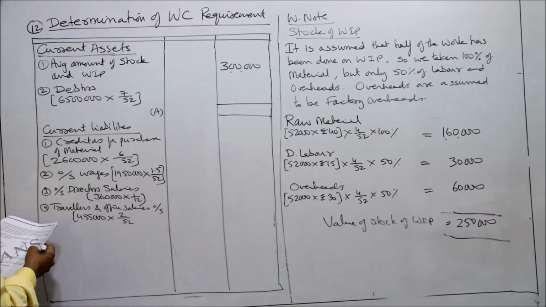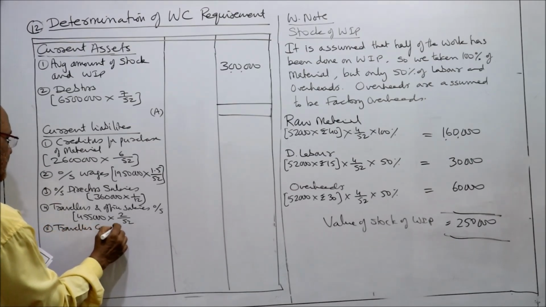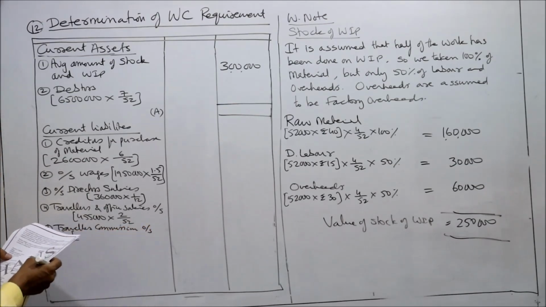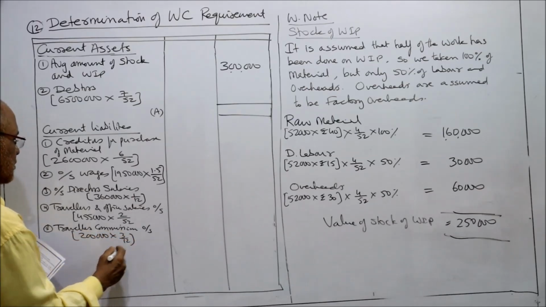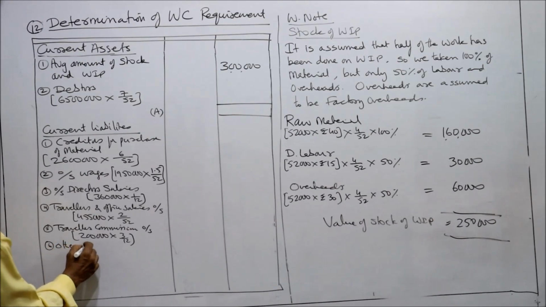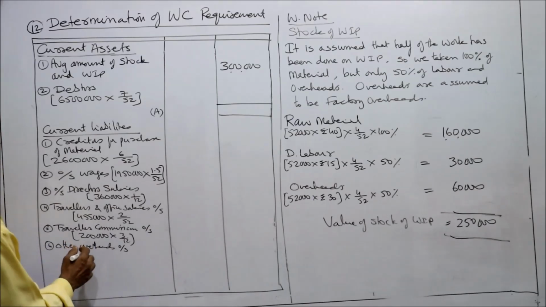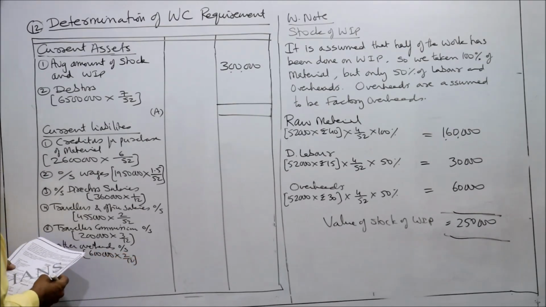Fifth, travelers commission outstanding, it is 2 lakh into 3/12. Then other overheads outstanding, 6 lakh into 2/12. That's it.